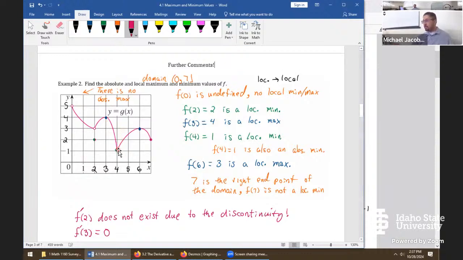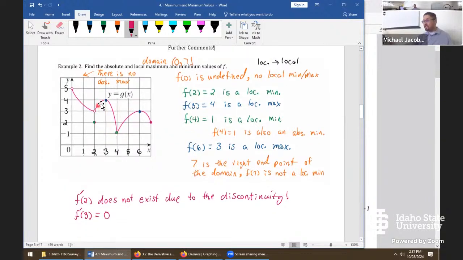Next one down below, the curve comes down in a really sharp corner. Whenever we have a corner like that, the derivative also doesn't exist. It's got to be a smooth curve like we see right here for differentiability to work. So right down at 4, we can say f prime at 4 does not exist due to the corner.